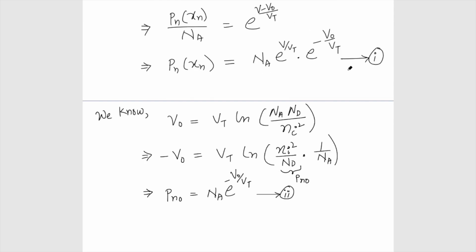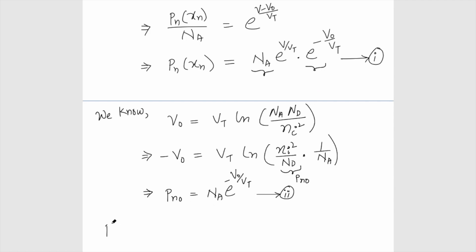So if you see in equation number 1, this Na into e power minus V0 by Vt, Na into e power V by Vt minus V0 by Vt, can be replaced by Pn0. So these two whole terms can be written as Pn0.